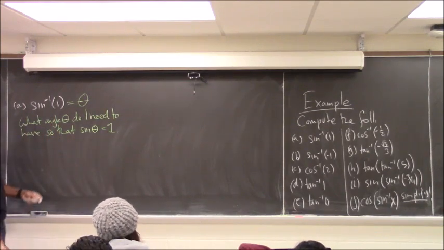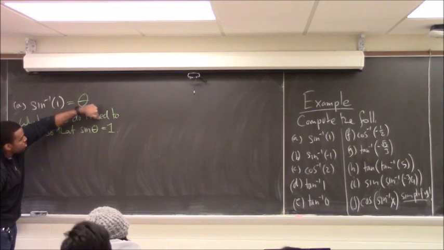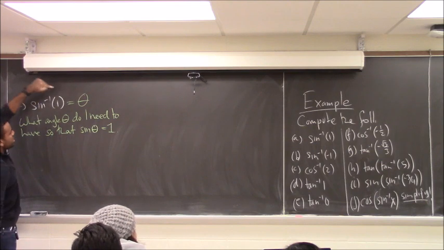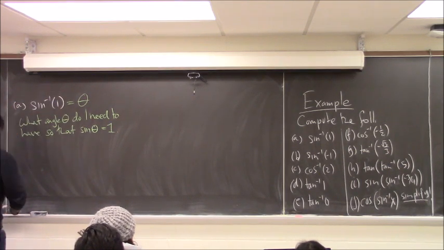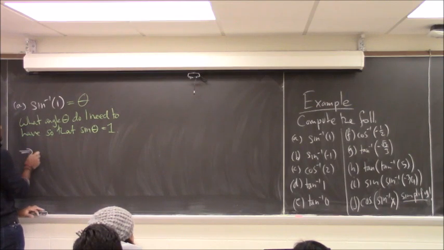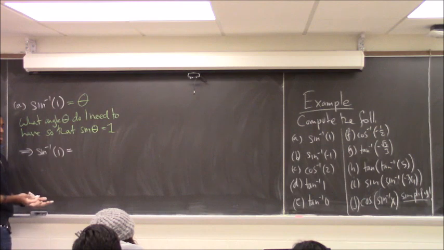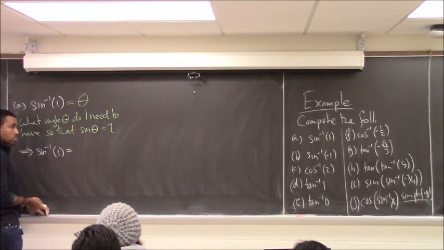Remember, the sine inverse takes the output of the sine function and gives you back the original input. So what angle do I need in order to get 1 as the output of a sine function? Sine of what gives you 1?